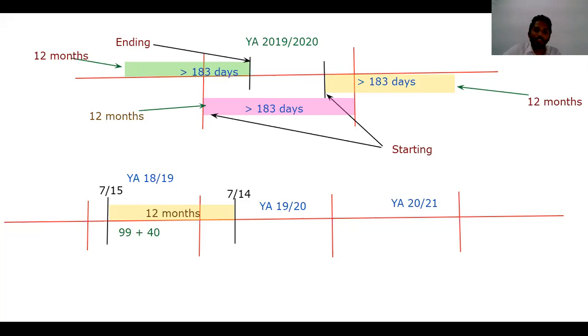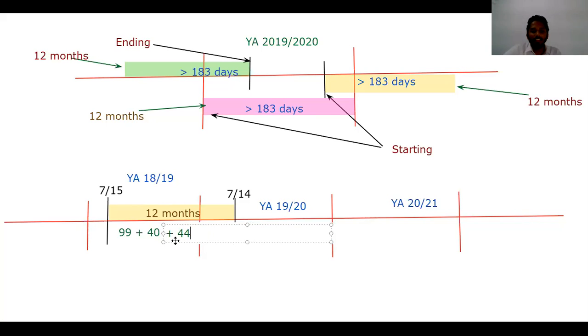Then June 1st to June 30th is 30 days and July 14 is 14 days. Altogether how much? 30 plus 14, altogether 44.